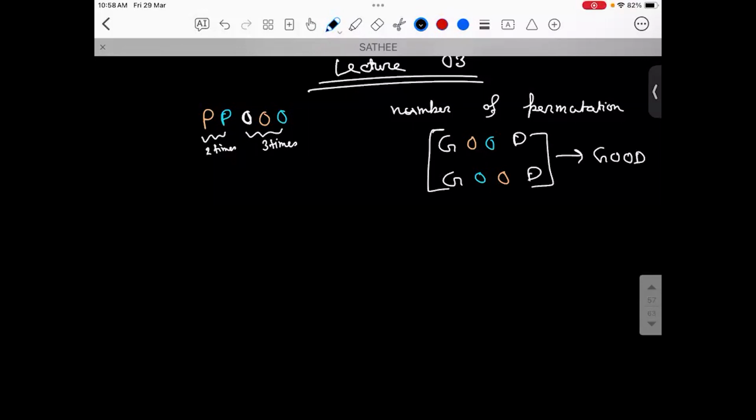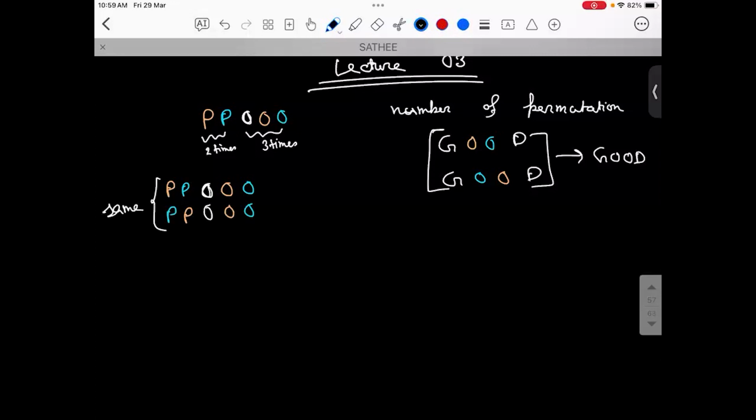Okay. Now, today we have PPOOO. Obviously, for each position of PPOOO, we have two choices for P, like P, P, O, O, O, and the arrangement like this: P, P, O, O, O. So these two cases are the same.